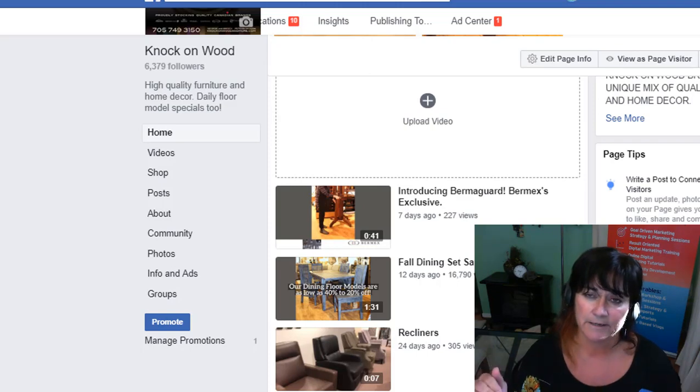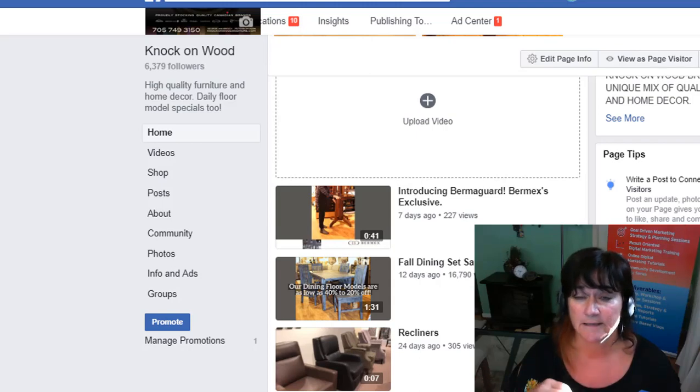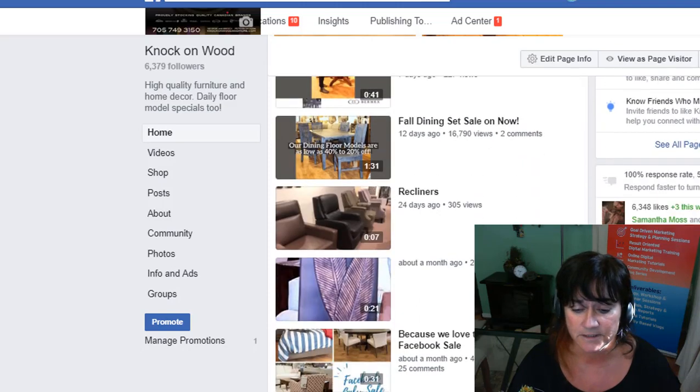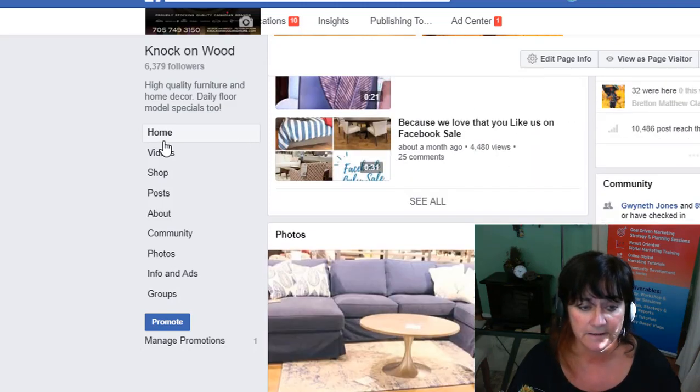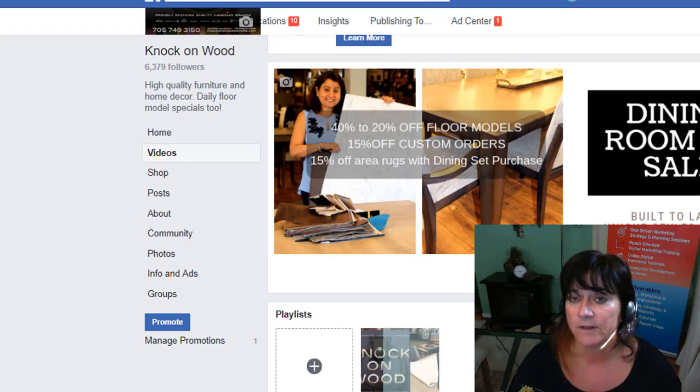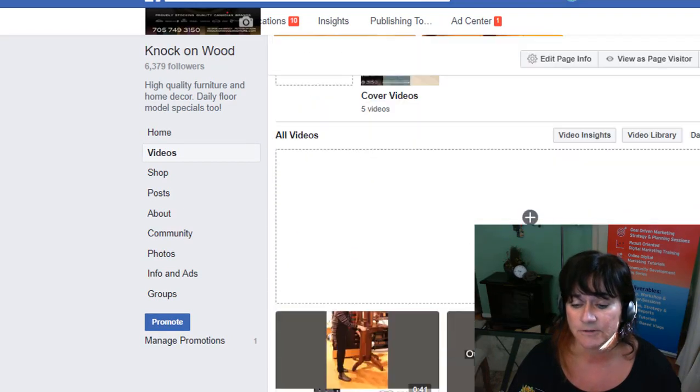This is a higher end furniture store that has really quality furniture, the kind of furniture you buy and it lasts a lifetime. They have staff that are interior designers. None of them are commissioned, so you go in and their interior designers will actually help you design what you need. The big thing that differentiates them from everyone else is the quality of their furniture and their interior designers.